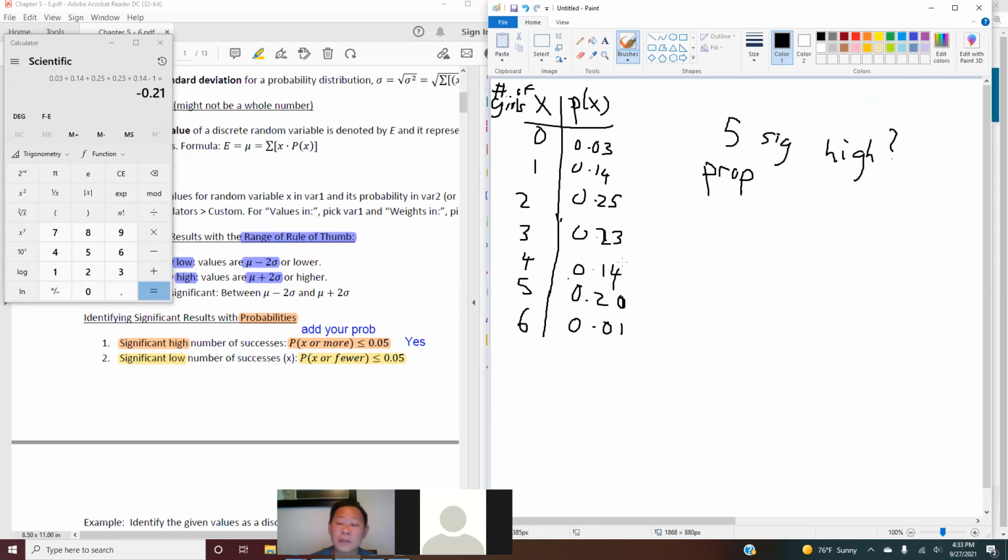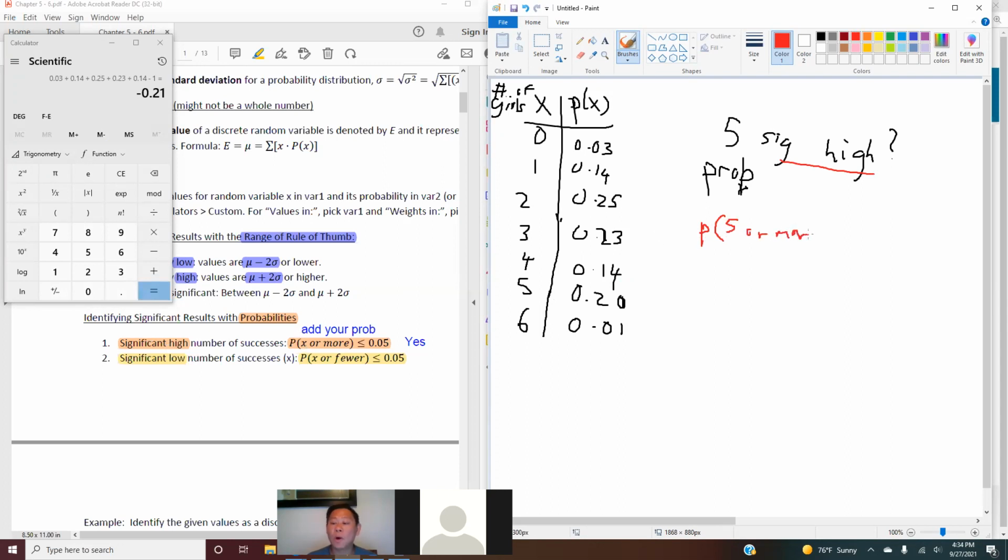I'm asking you to use the probability way for significantly high and significantly low. So how do we figure out if 5 is significantly high? For significantly high, which is the one I highlighted in orange, you have to find the probability of 5 or more.